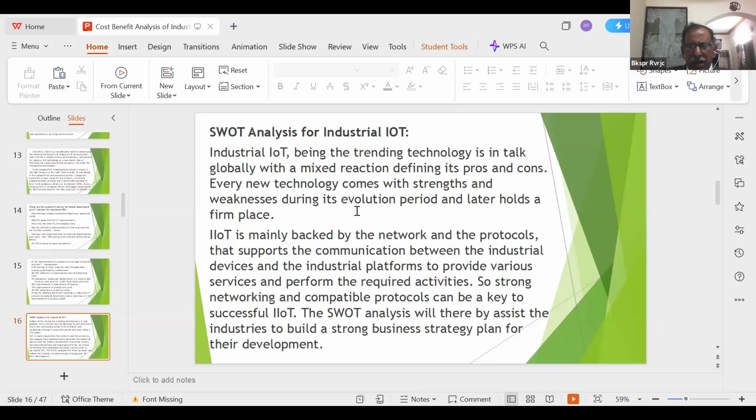So strong networking and compatible protocols can be a key to successful IIoT. The SWOT analysis will therefore assist the industries to build a strong business strategy plan for their development.